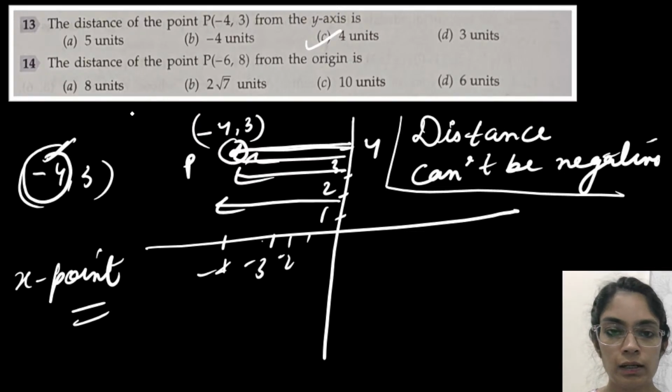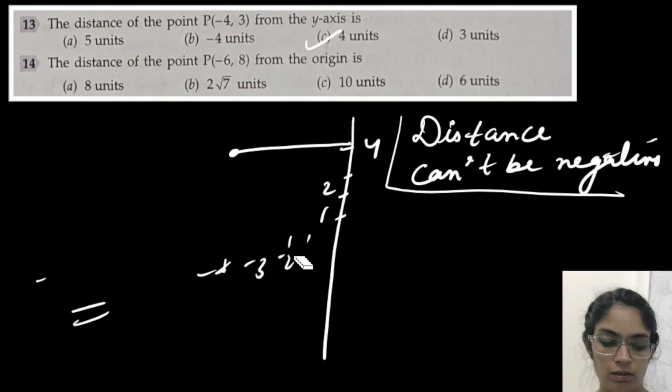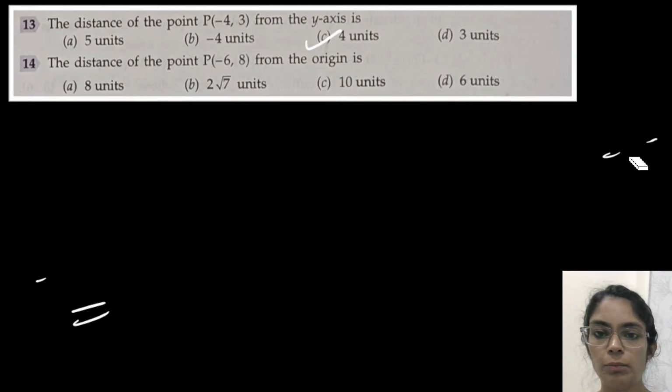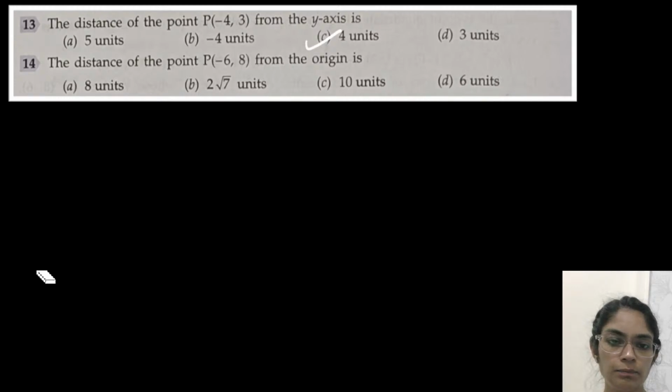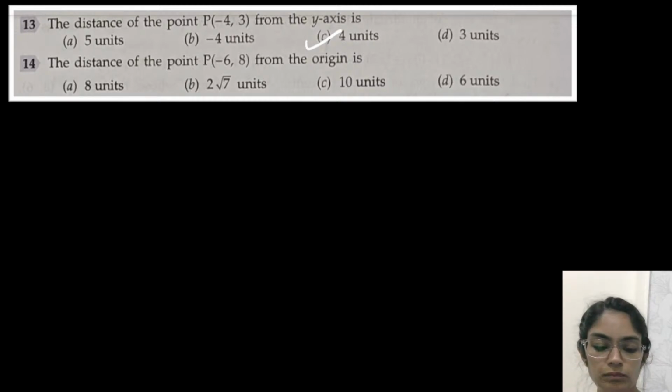Okay. So next one, the distance of the point from the origin. From the origin, I have given you the formula. So what is the formula? Distance from the origin, what's the formula?